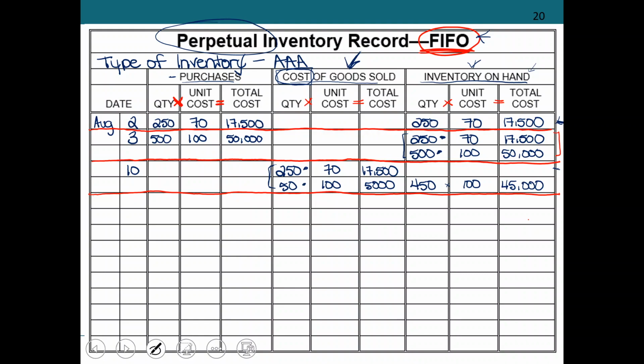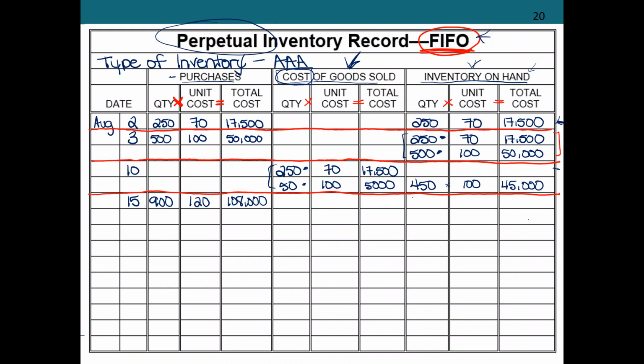Okay, the next transaction is another purchase on August 15th. We are purchasing 900 at $120 each. So we take the 900 times 120 and we get a total cost of 108,000. Okay, so again, we carry everything over into the inventory on hand and update that.